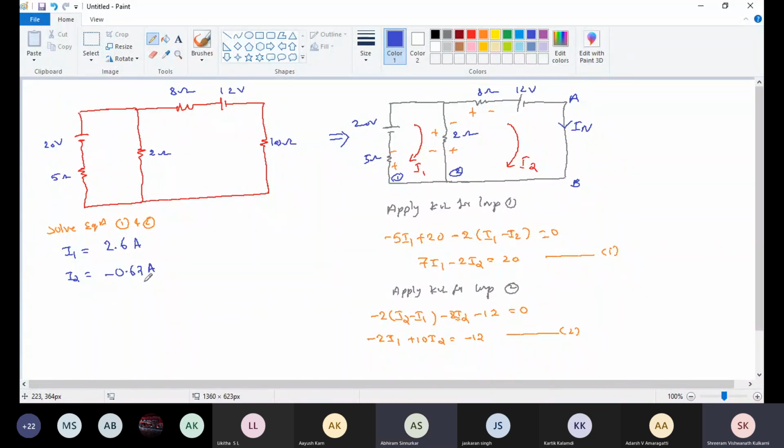Now tell me the value for IN. Here we can see IN is in the same direction as minus I2, so whatever the value of IN will be.